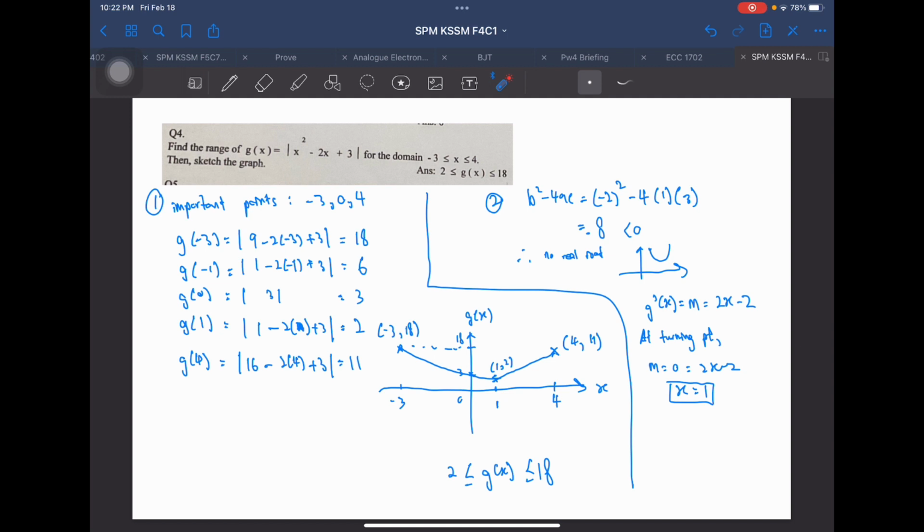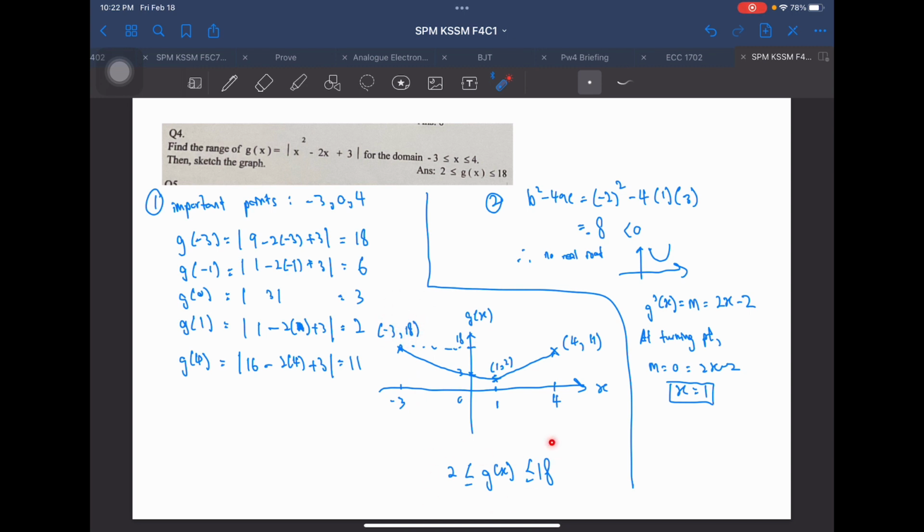So you just draw it as it is. For the range -3 to 4, the minimum point is at x equals 1, which is 2, and the maximum point is at x equals -3, where g(x) is 18. So the range is like this.